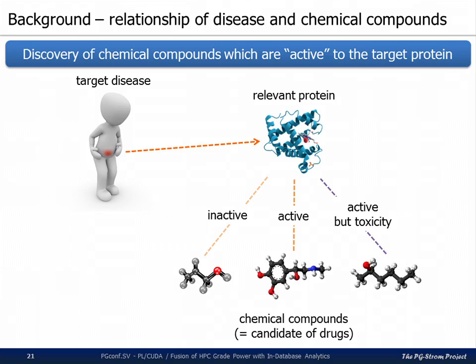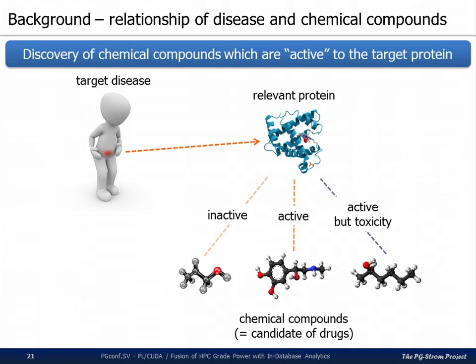Researchers in the drug discovery area usually try to find chemical compounds that are active to a particular protein. These are related to a certain disease.